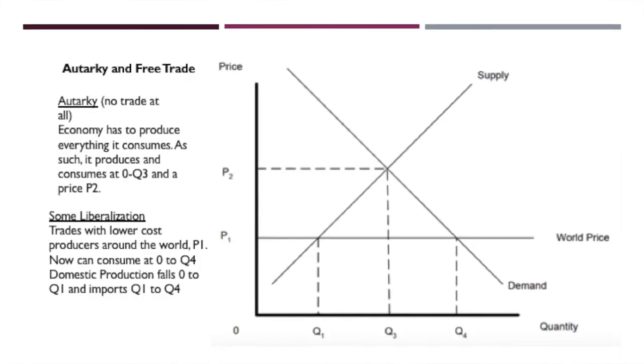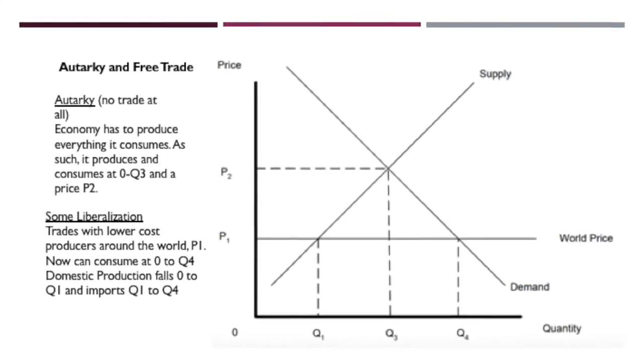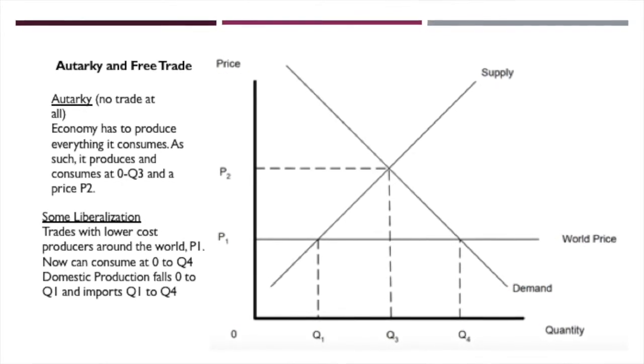So an enlightened government, you might say, could come along and say, hey, we're going to move away from autarky and we're going to throw the doors open to international trade. And we are just going to try and trade at world prices. Whoever the cheapest, the least expensive, the most competitive global traders are, we're going to source more of our products from there.